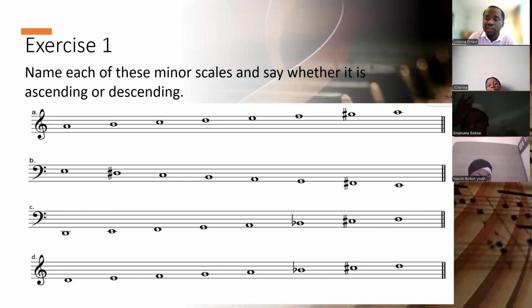And in G, F is sharpened. So that F has to also be sharpened in E minor, because when you take the relative major of a minor, you are retaining the sharps or the flats in that relative major. Do you understand that now? Yes, sir. All right. Sister Naomi, over to you. What's the third one? What's the key? What's the scale?